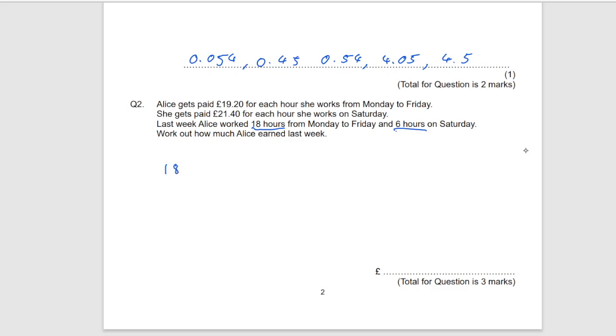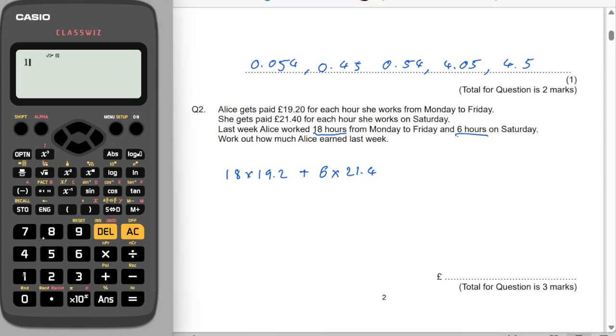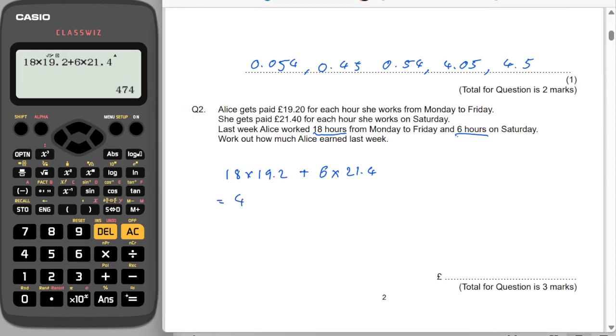So we're doing 18 times by 19.2, and to that we want to add on the 6 hours with the Saturday rate. I'm going to type it in like that on my calculator. So 18 times by 19.2, and to that I'm adding 6 times by 21.4. So I'm looking at £474.